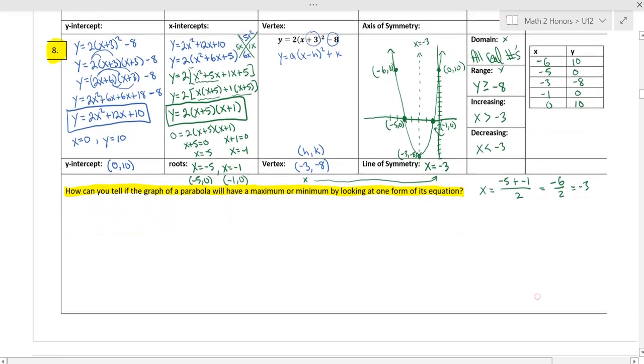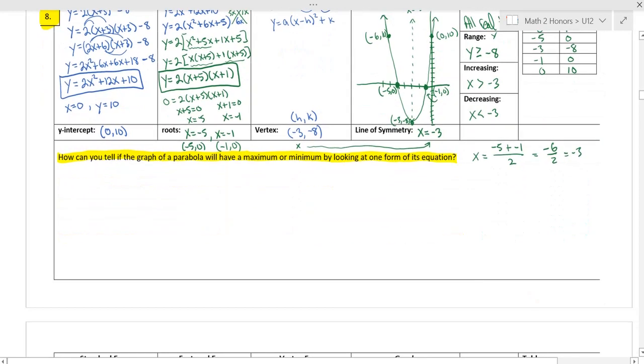Okay, question here, and please make sure you answer these questions on your homework. It says, how can you tell if the graph of a parabola will have a maximum or a minimum just by looking at one form of its equation?